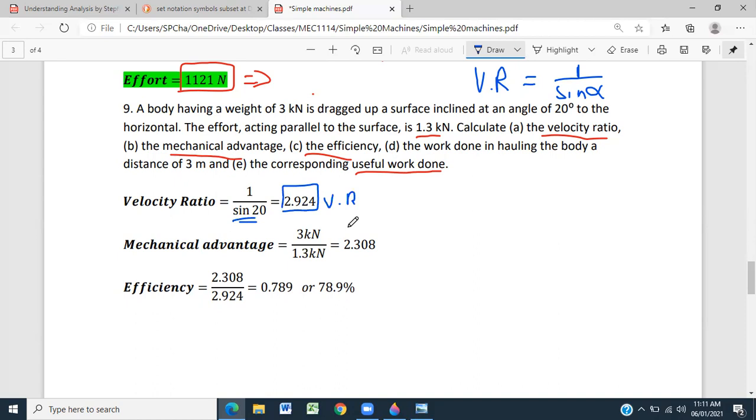They didn't give us the efficiency, but what they did give us is the effort. So we can use that to find the mechanical advantage and the efficiency. So we know mechanical advantage is equal to the load, or the weight, divided by the effort.